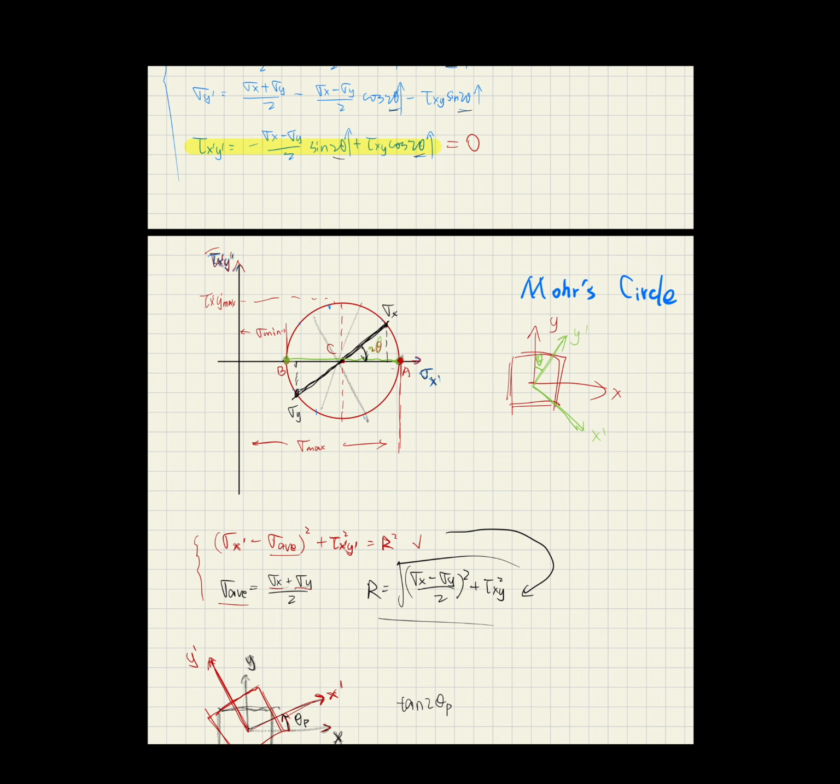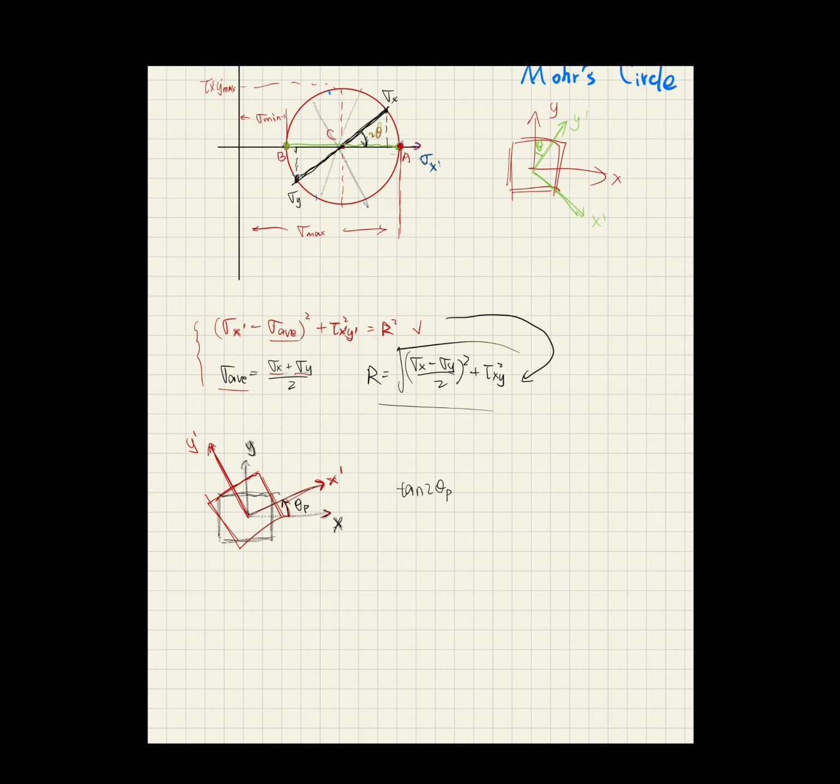And we do some little modifications. We can move the cosine to the right, and then divide both sides by cosine 2 theta, so that we easily get tangent 2 theta. So what is tangent 2 theta? It's like this.